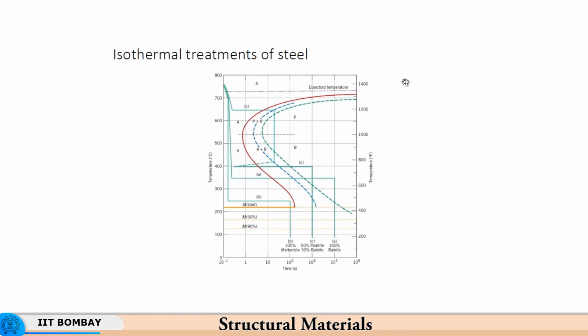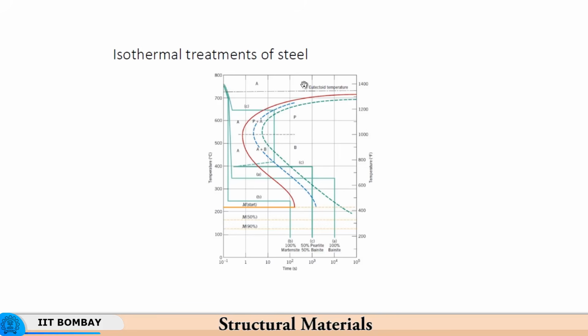Now, we come to some isothermal treatments of steel, where again we illustrate how the transformation takes place. You start with austenite at, let us say, 750 degrees centigrade.